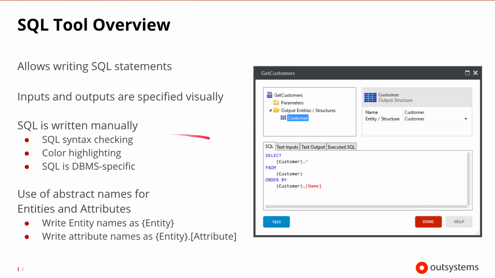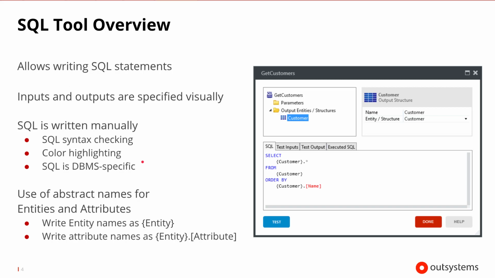The SQL itself in the tab at the bottom is going to be written manually. As you're writing it, the SQL tool will do SQL syntax checking and tell you if there are any errors with the SQL that you're writing. It will also highlight using colors all of the different keywords, any of the different attributes or the entities, including the input parameters and things like that.